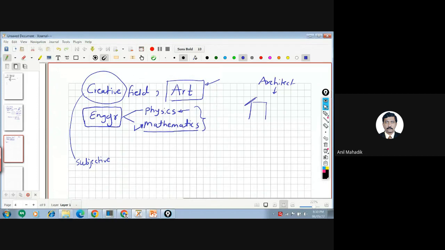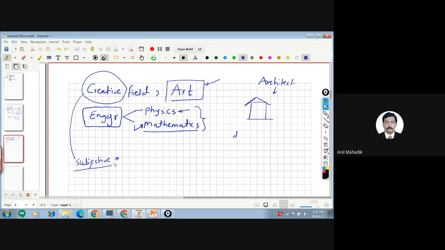Let's say there is a bungalow, a very good bungalow he has designed, and if you ask me, I may say I didn't like this. If you ask somebody else, he may say it is a really beautiful bungalow. A third person may say okay, not much good. So it's a very subjective answer to this creativity or this bungalow design. It's very subjective, meaning there cannot be an exact answer. There is no logical answer.